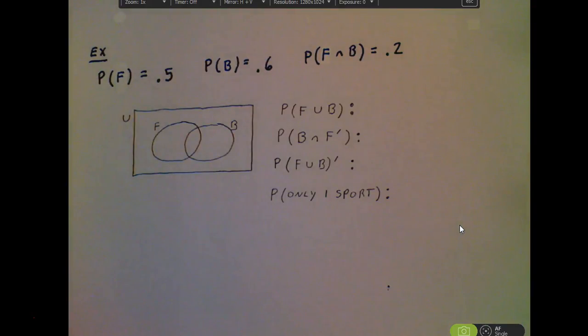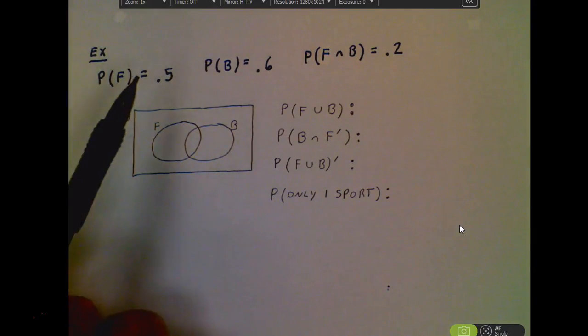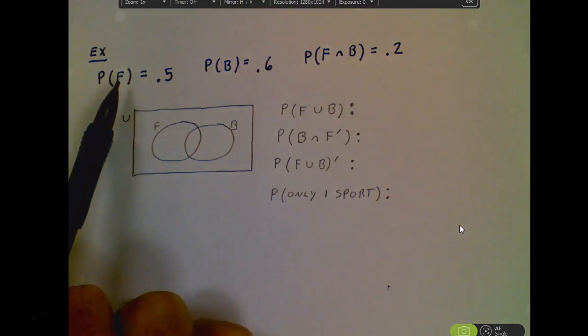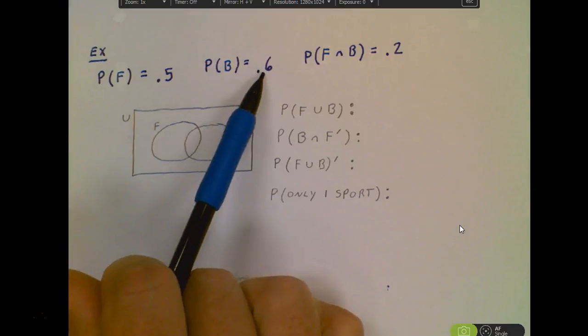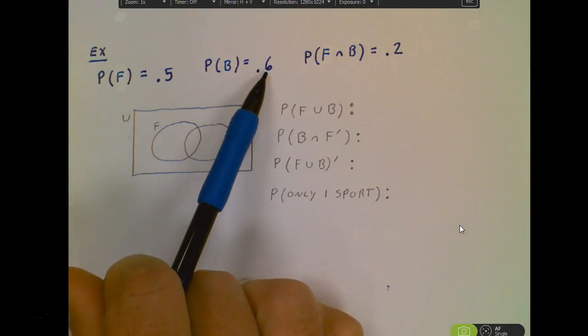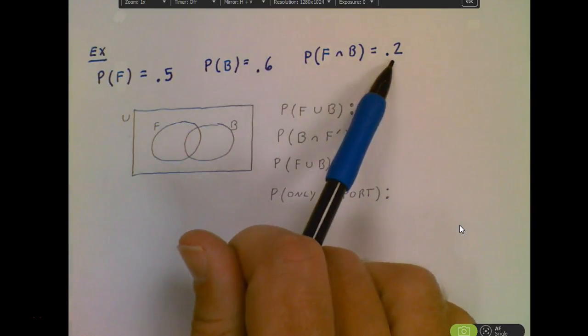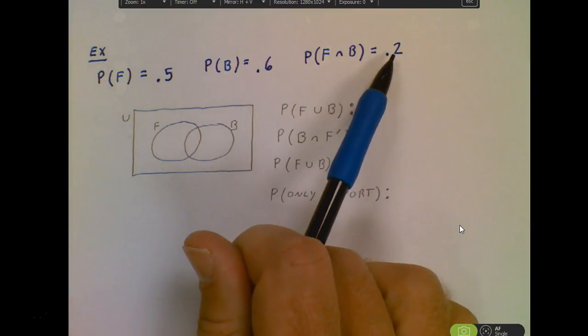Let's just say you went to a classroom and surveyed all the students, and you asked how many people play football, how many people play baseball, and you calculated all the numbers, and here's what you found. You found that 50% of the students play football, 60% of the students play baseball, and 20% of the students do both sports.